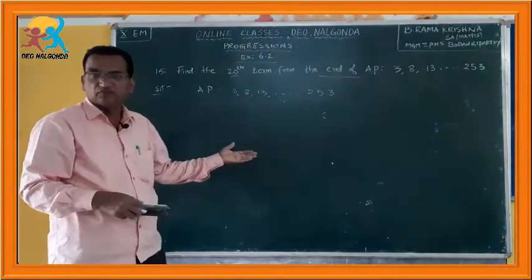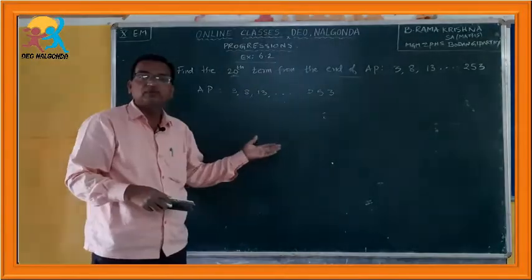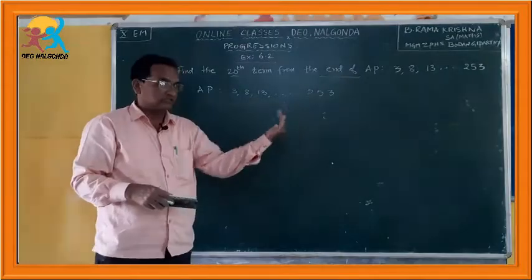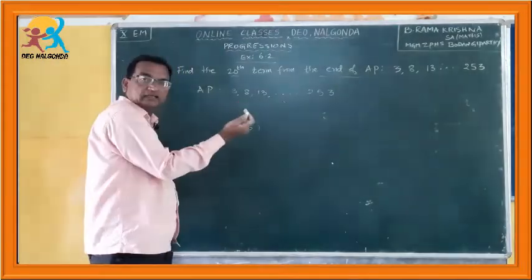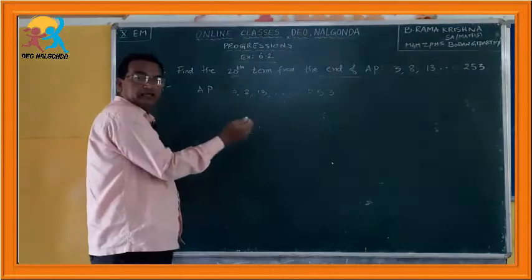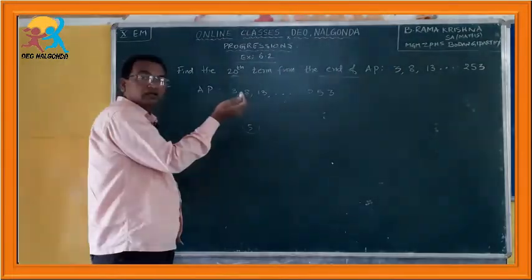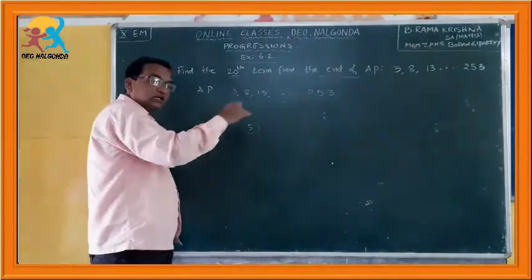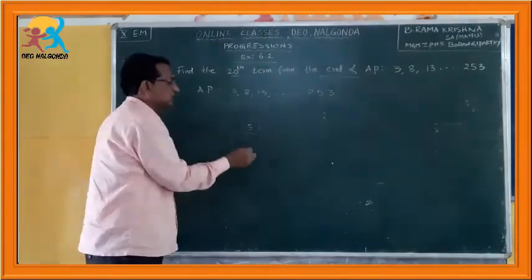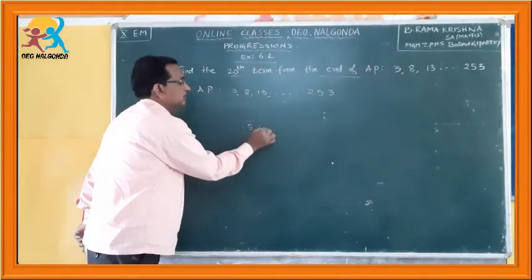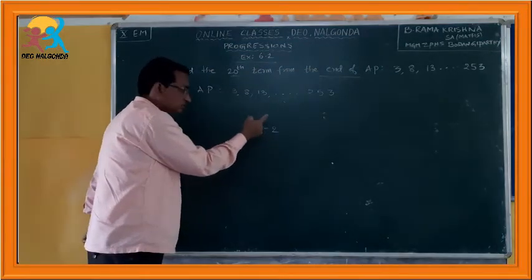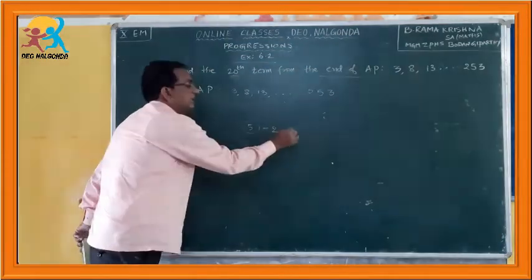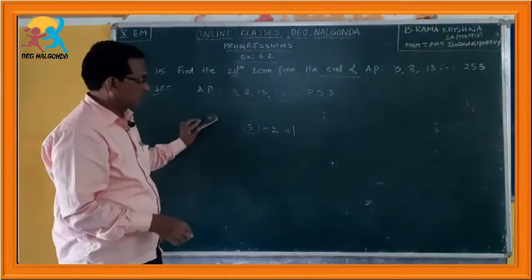As in the previous example, there are 5 terms. We want the second term from the end, and we determined the count of that term from the beginning. How? Total terms minus the second term. Since I asked for the second term, I have to subtract and add 1. So 5 minus 2 plus 1.